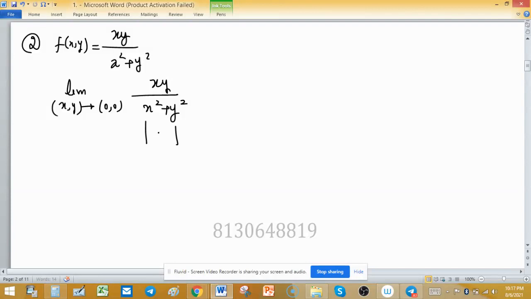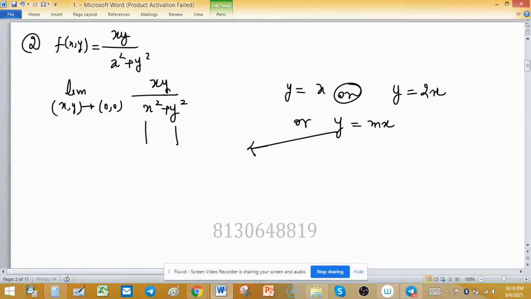Each term of the denominator has power 2 and the numerator also does, so if we put y equal to x, or y equal to 2x, or you can say y equal to mx, then this several variable function can be treated as a single variable function. I am using this because sometimes it is convenient, and most problems like this can be easily solved by this transformation.